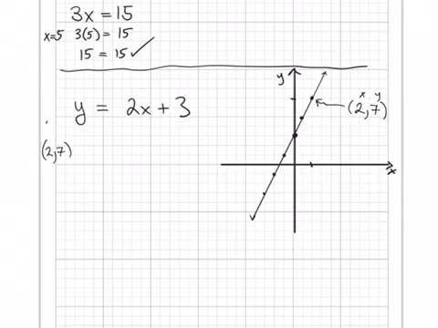So I'm going to show you something about that coordinate pair 2, 7. So you take any coordinate pair that goes x comma y, and in the case of 2, 7, what we're going to do is plug in the y value, 7, and plug in the x value, 2. So you can see x should be equal to 2, so I substituted the number 2 in for x, and y should be equal to 7 according to this coordinate pair, so I substitute the number 7 in for y.